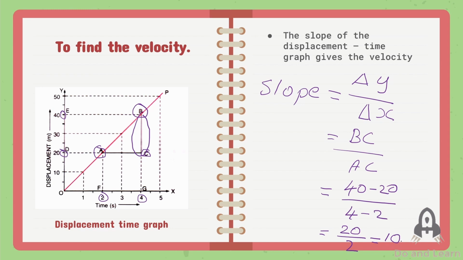So 10 is the value of velocity. What is the unit of velocity? Meter per second, or meter second inverse. 10 meters per second is the velocity of this motion. This is the way we calculate velocity from the displacement time graph. Very easy. The slope of the displacement time graph gives the velocity.